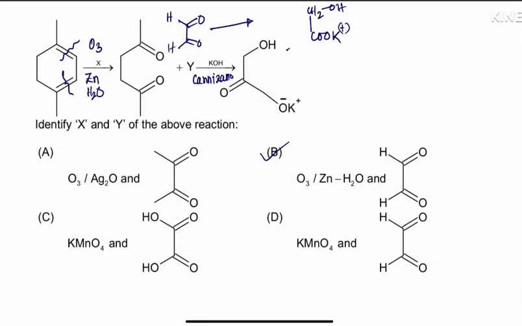So this is exactly the same, the last step that happened in the Cannizzaro reaction. And I just need to mark what X and Y are. So X is O3 and Zn/H2O, and Y is glyoxal. This is called glyoxal.